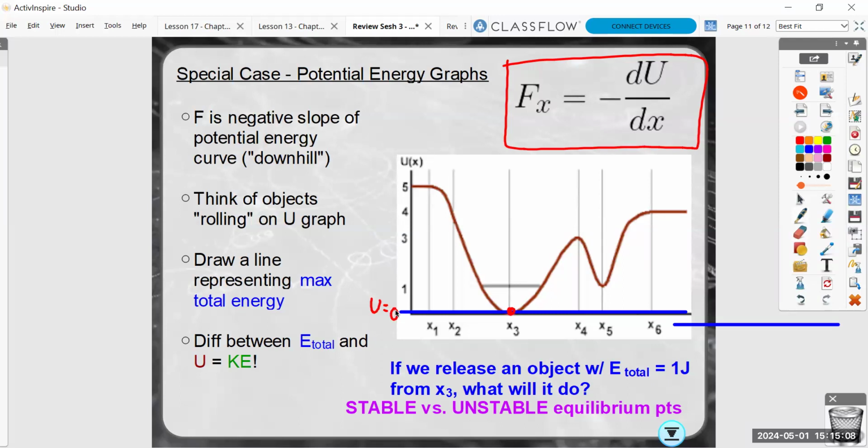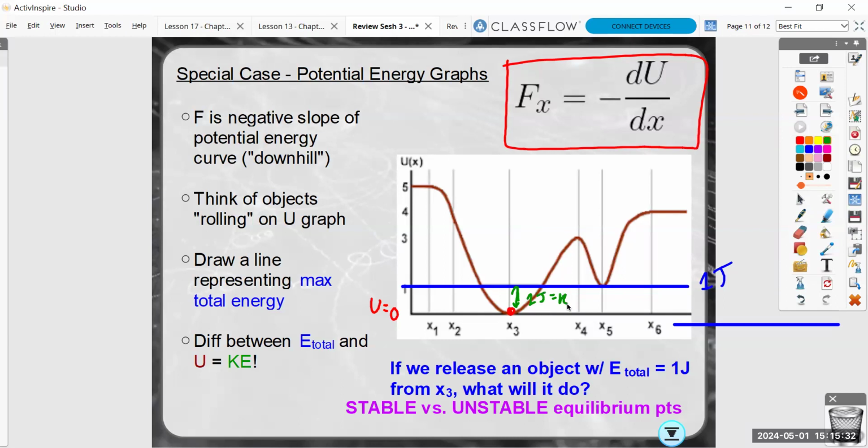So let's say I give that object 1 joule of total energy. What you can do is draw a line right here at 1 joule. Now, if I've got no potential energy and I've got 1 joule of total energy, what kind of energy is that 1 joule? Probably kinetic, right? I've got 1 joule of kinetic energy.